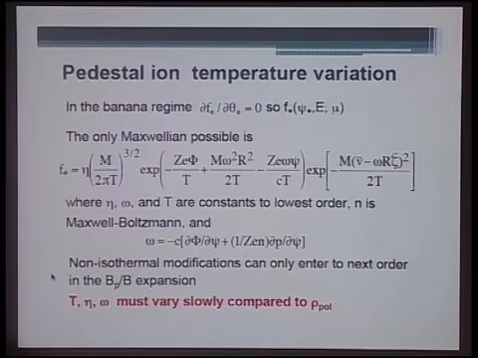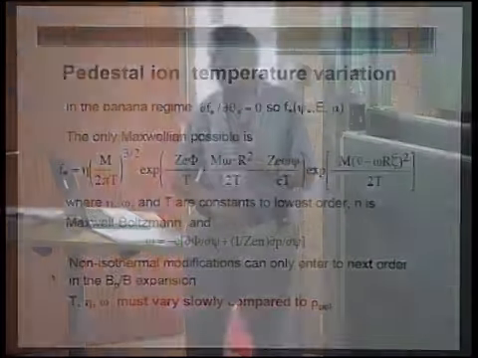So they have to vary slowly, I said Larmor radius, slow on the scale of a poloidal Larmor radius. They can't vary across the pedestal significantly. The corrections are, they're trying to be isothermal across the pedestal, I guess is the way I should say it. But that doesn't mean they're strictly constant.